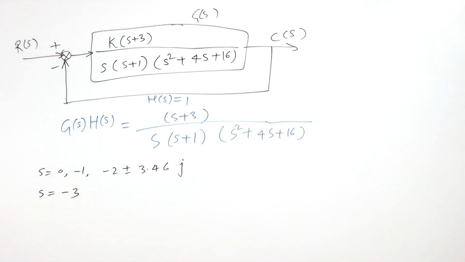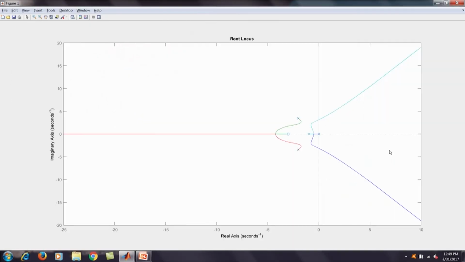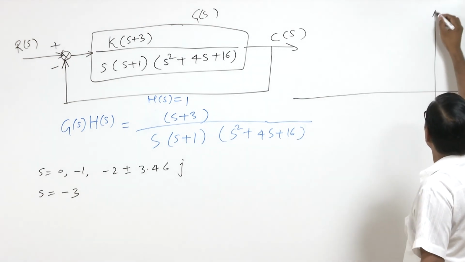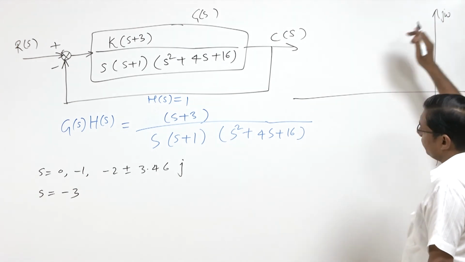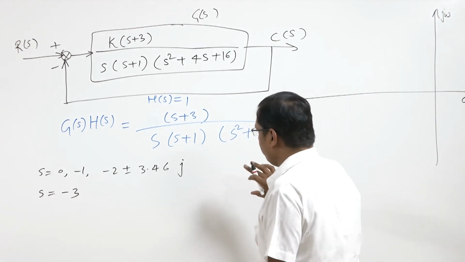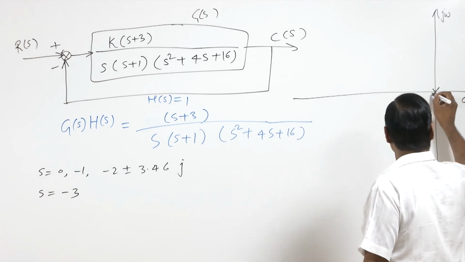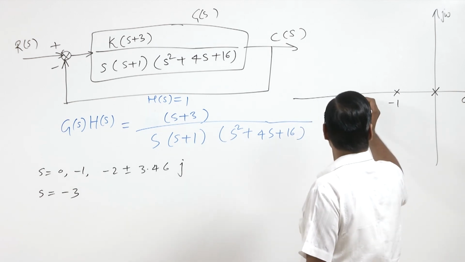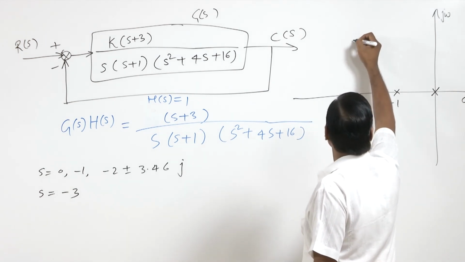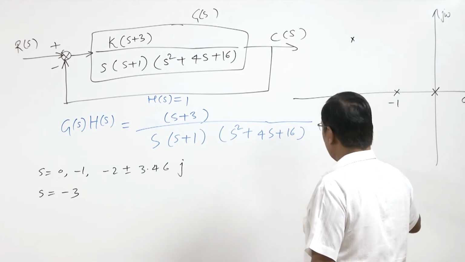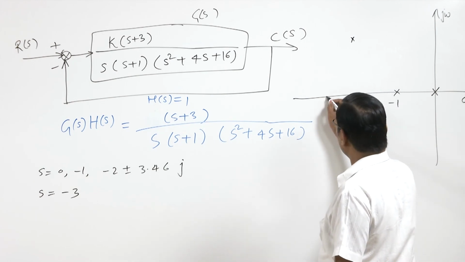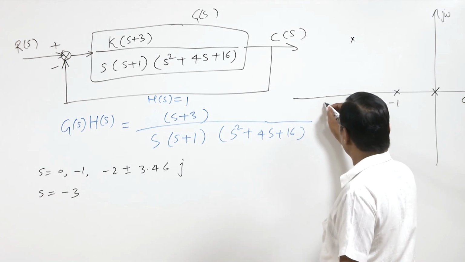Now we can focus on this root locus. On the root locus we must first plot the sigma j omega axis and the open loop poles: here 0, -1, then here -2 ± 3.46j, and there is one zero at -3.